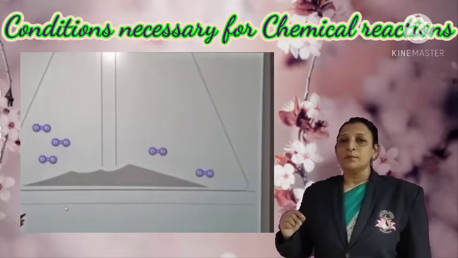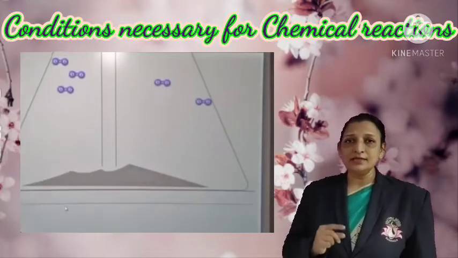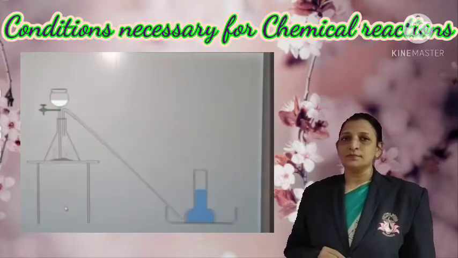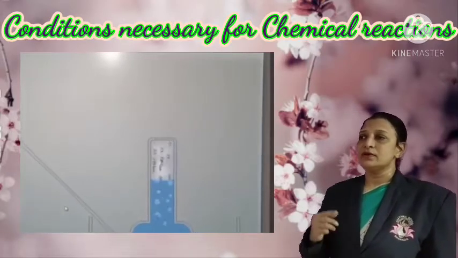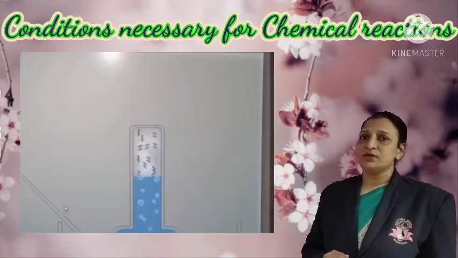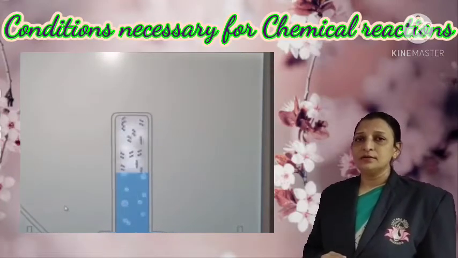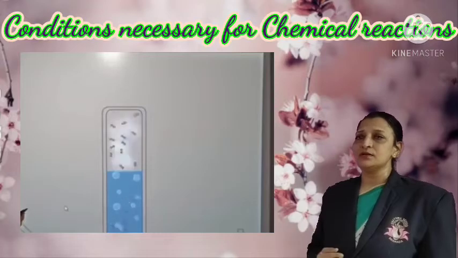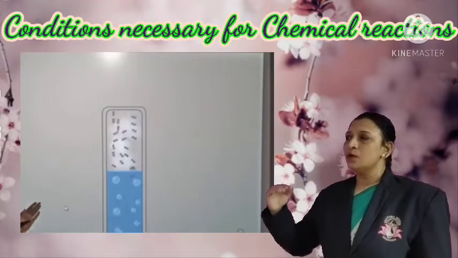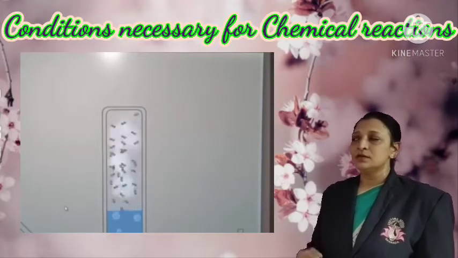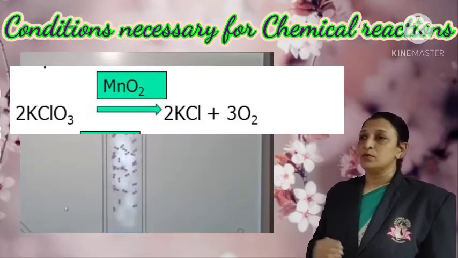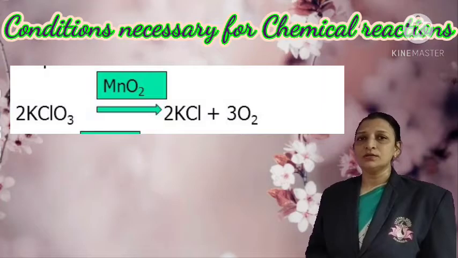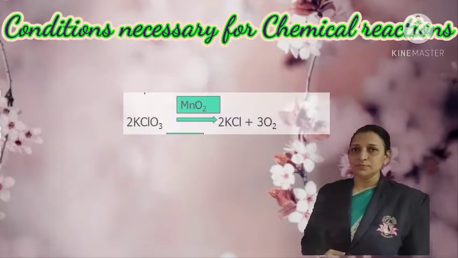So, manganese dioxide is the catalyst used in this reaction. Manganese dioxide encourages the rate of chemical reaction and it takes place faster even in the low temperature range, that is at 300 degrees Celsius. And potassium chloride with oxygen are formed.